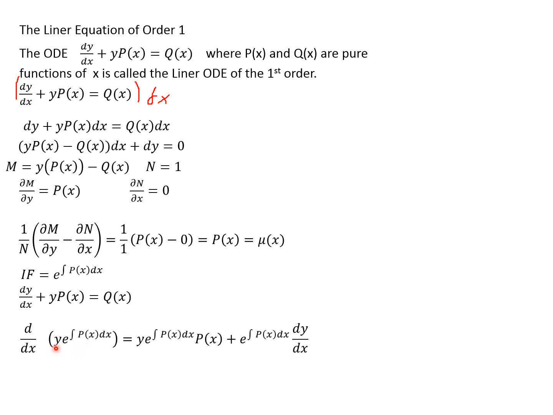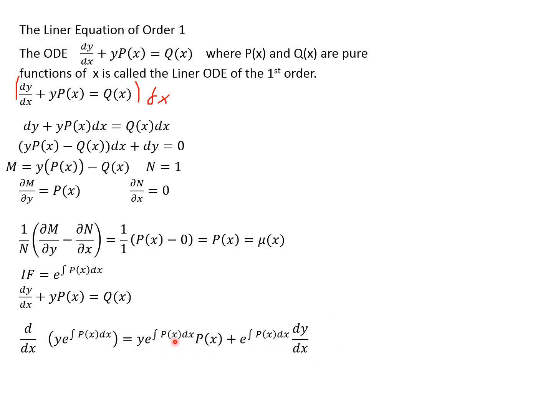The derivative of y times e to the integral of p(x) dx is a derivative of a product: y times e to the integral of p(x) dx times the derivative of the integral of p(x) dx, which is p(x), plus e to the integral of p(x) dx times the derivative of y, which is dy/dx.